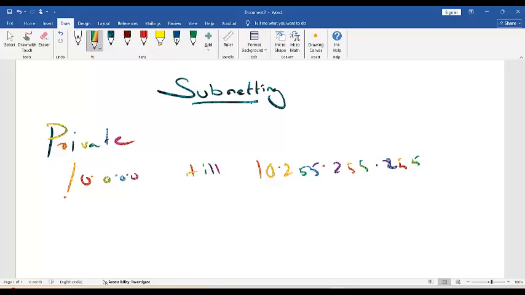This is the only network you have as private in class A. But your organization has 5 departments. I need 5 private networks starting with 10. I need to do subnetting. I need to break down this one network into 5 networks so that I can give subnetted networks to each department.